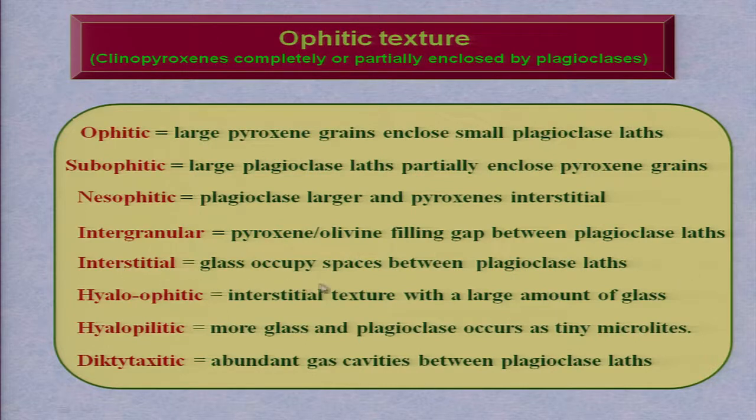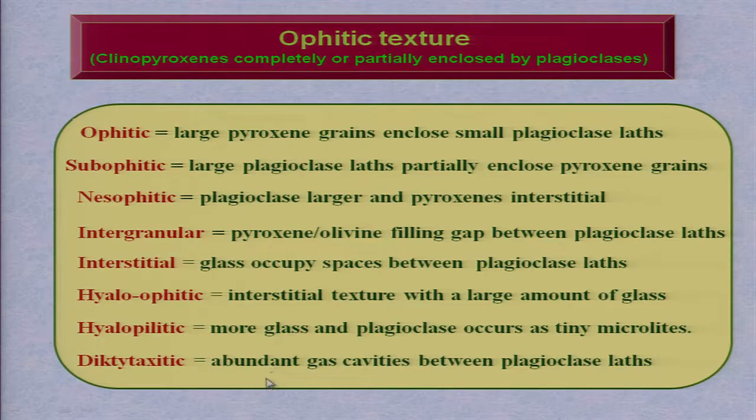Intersertal texture, glass occupies space between plagioclase laths, which I have already discussed before this texture. Hyalopilitic texture, in this case intersertal texture with a large amount of glass. Hyalo means glass. In the hyalopilitic texture, there is more glass and plagioclase occurs as tiny microlites.